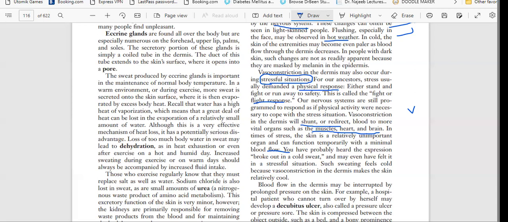The body thinks that the skin doesn't need blood flow, so it tries to decrease the blood flow to the skin layers and focus more on vital organs. So that's the reason blood flow to the dermis decreases in a stressful condition.